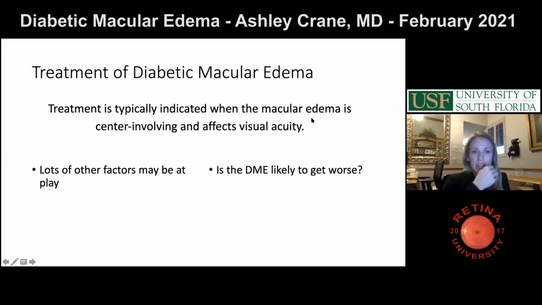So another question coming up: treatment of diabetic macular edema. Treatment is typically indicated when macular edema is center involving and affects visual acuity. That's true of treatment in a lot of disease states, but treatment for diabetic macular edema and, for instance, central retinal vein occlusions is different.